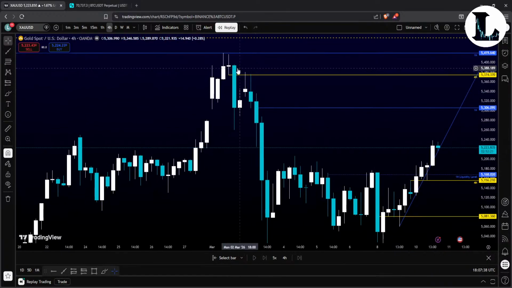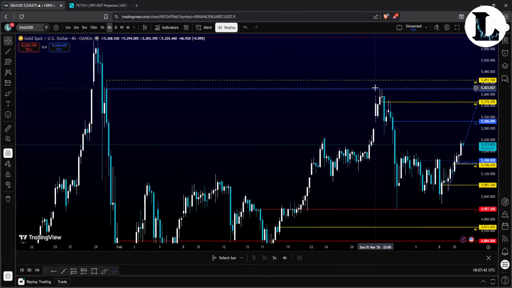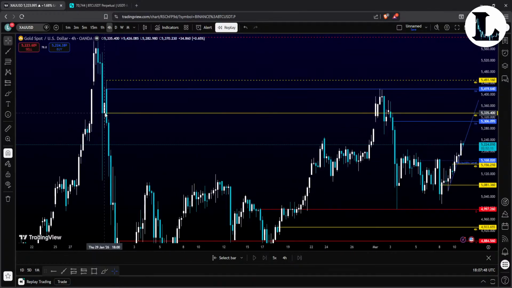It looks like that, but in reality it was the 1 hour here. Since it was the 1 hour, because the 4 hour was here, you can see that we kind of open and close white candles inside this white candle. So the price really goes to that 1 hour.